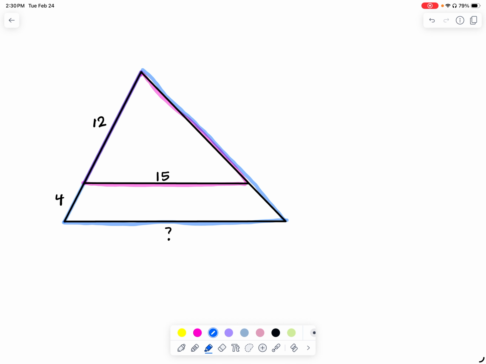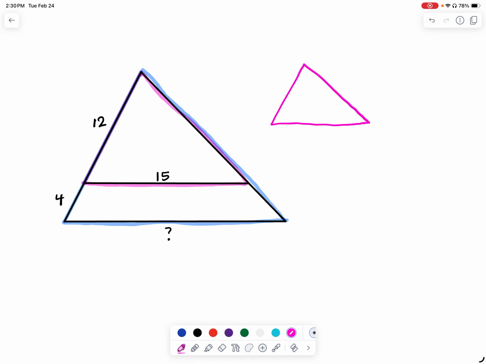Now, some people also find it helpful to redraw a problem like this and separate it out. What I want to keep in mind is I'm still going to be doing the same things. I want to be able to compare the sides of the triangles and find the missing measurement, the thing that we don't know. So I'm going to go ahead and redraw these. This doesn't have to be perfect, but I'm going to draw a small triangle with the same general shape that we've got here.